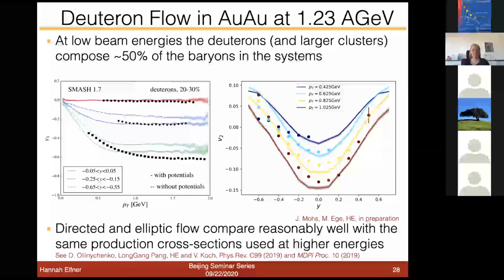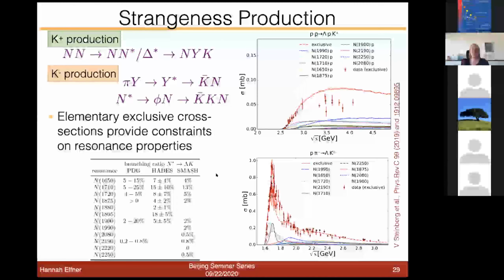Then one can not only produce pions or deuterons, but we can also produce strange particles. And the easiest to produce are the kaons, but also there, of course, the production mechanisms are rather different. So the K plus is much easier to produce because you can produce it together with a hyperon directly from a resonance decay, whereas for the K minus, you always need to produce the corresponding antiparticles.